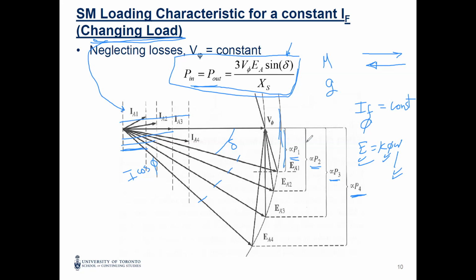This one is E sine delta. From this equation, the voltage for the motor is always constant, and X for the motor is constant. So if you are changing the load, it means you are changing the power. It means you are changing this E sine delta or I cosine phi.